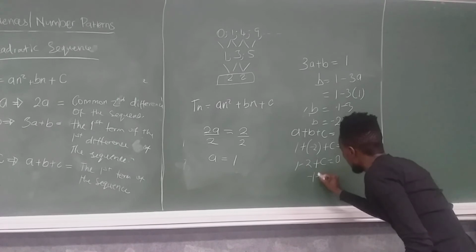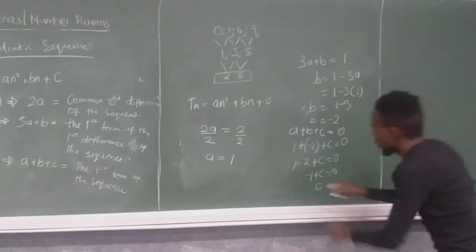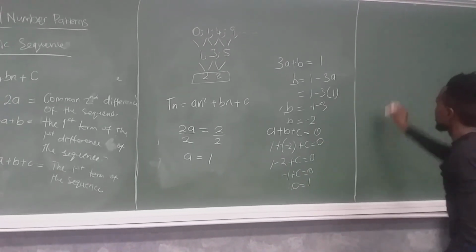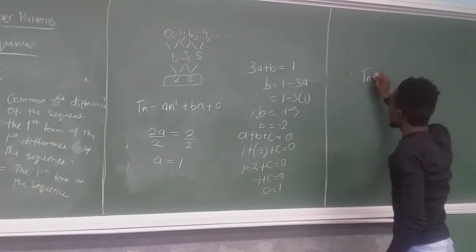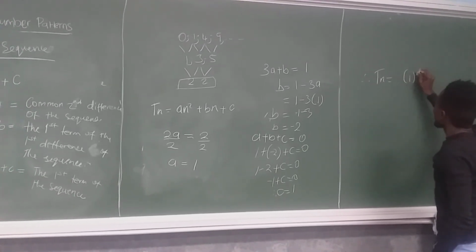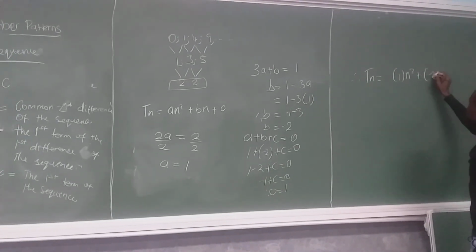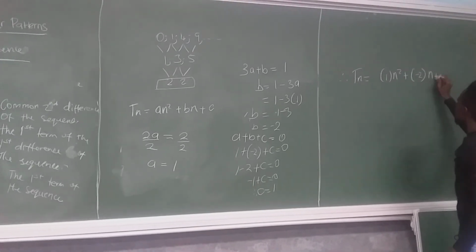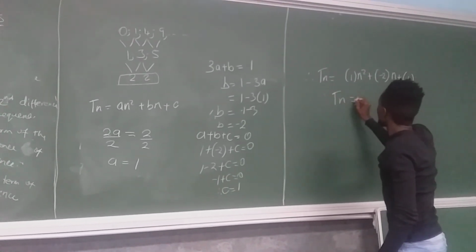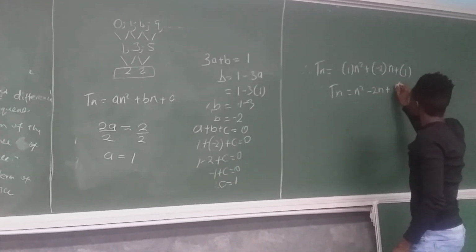So we have minus 1 plus c, which is 0. If we take this 1 to the other side of the equation, it changes the sign to be 1. Therefore, our Tn is equal to 1n squared plus, into our b, negative 2n, plus our c, which is 1. Therefore, our Tn is n squared minus 2n plus 1.